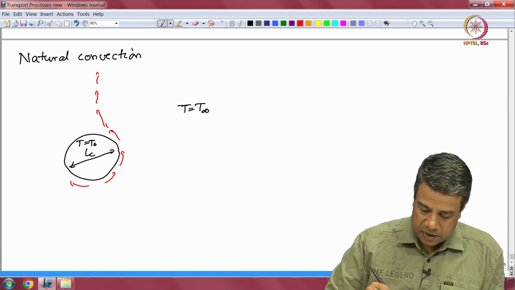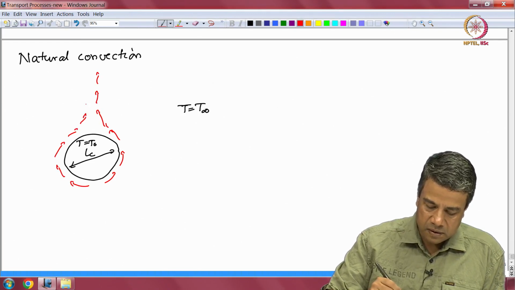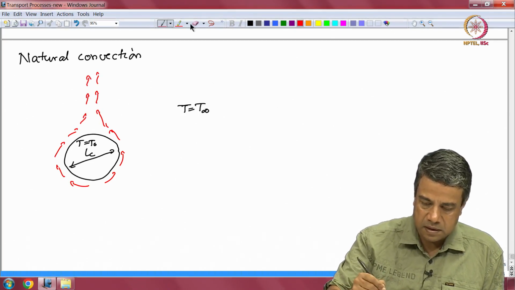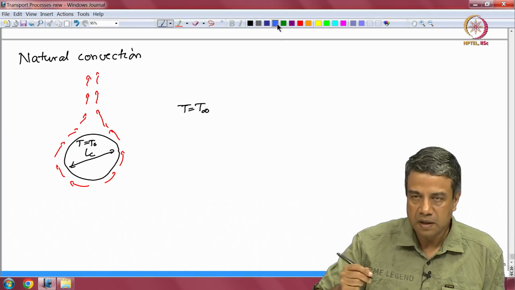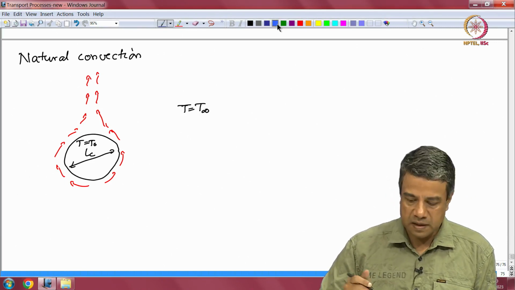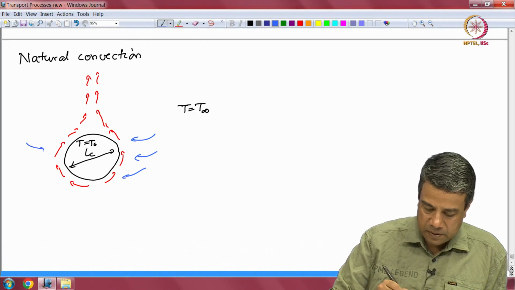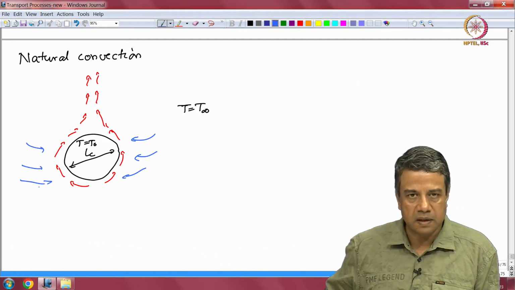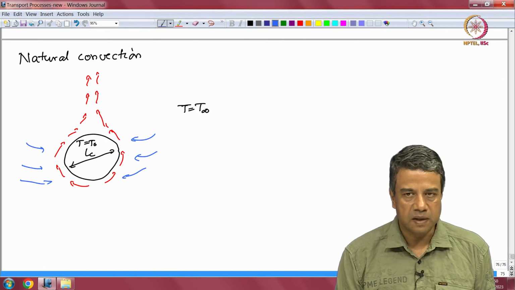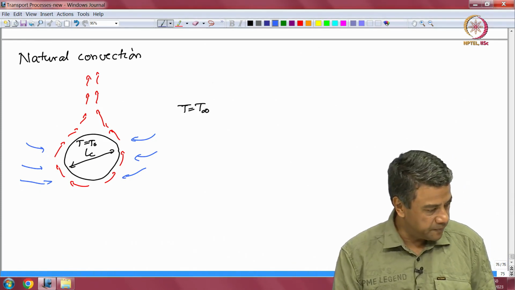As this hotter fluid rises, it will carry along the heat energy with it. And as the hotter fluid rises, obviously in order to fill in the vacant space, colder fluid has to come in from the ambient at temperature T infinity. This colder fluid replaces the hotter fluid, gets heated up and rises in turn.